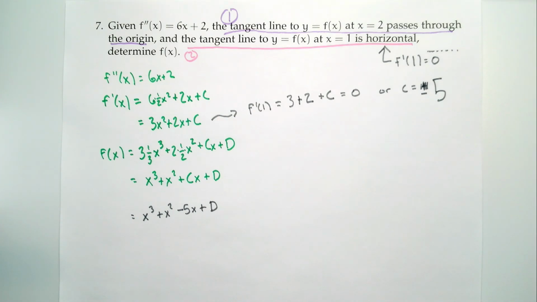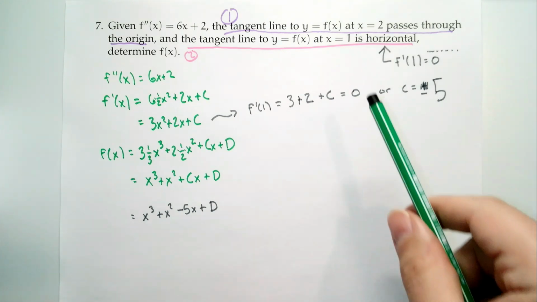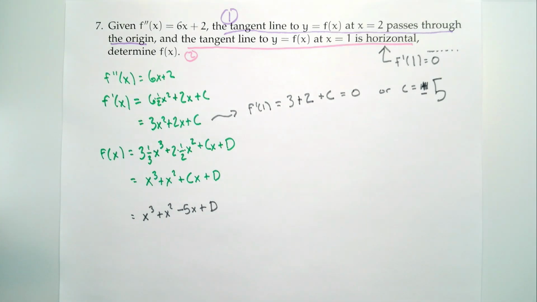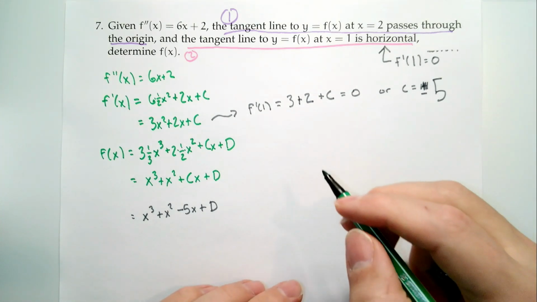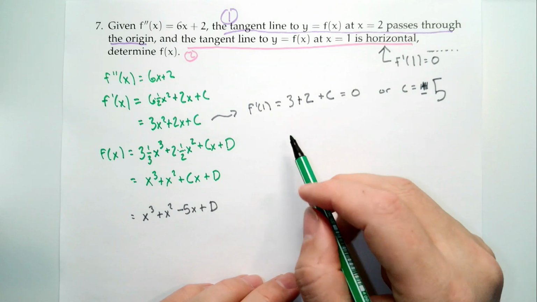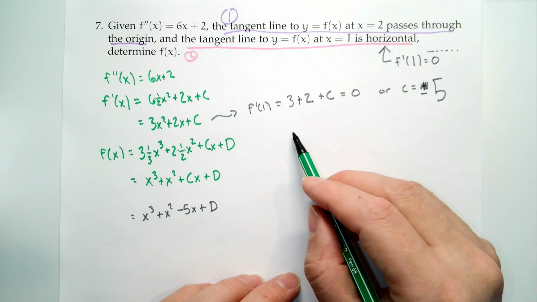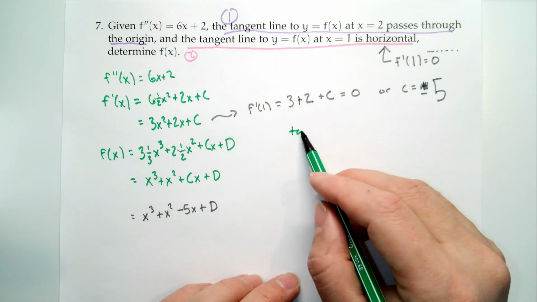Now, let's use our other condition. The tangent line to y equals f of x at x equals 2 passes through the origin. Alright, cool. So what does that say? Well, let's remember our tangent line. In general, if we have a function f of x, the tangent line looks like what?